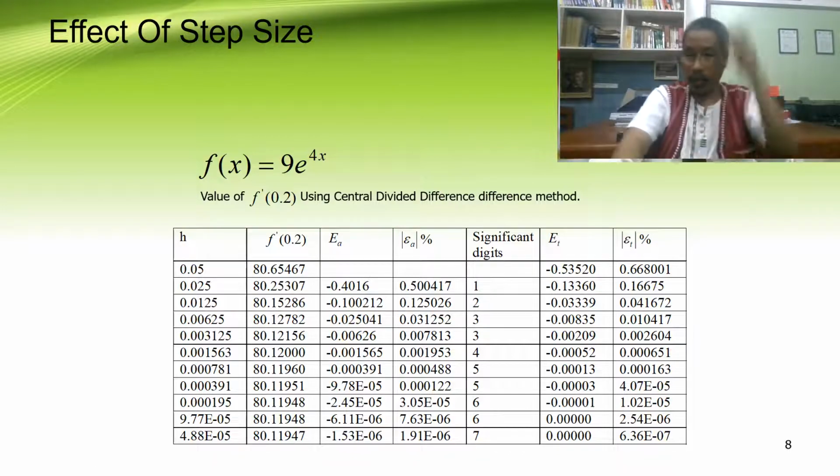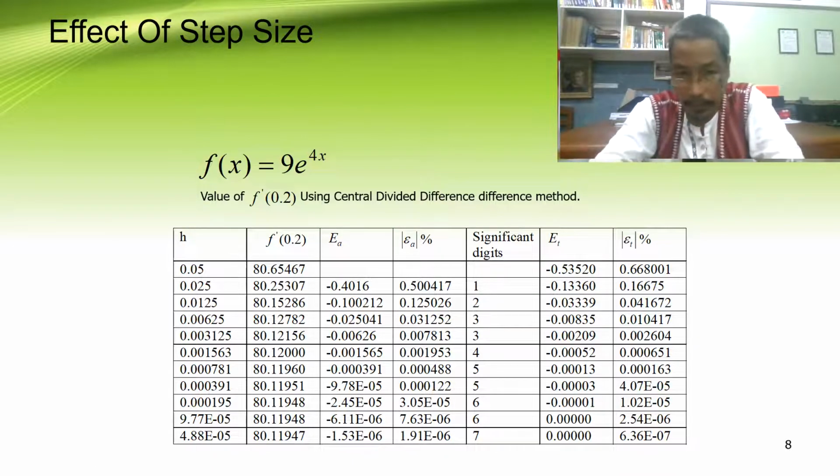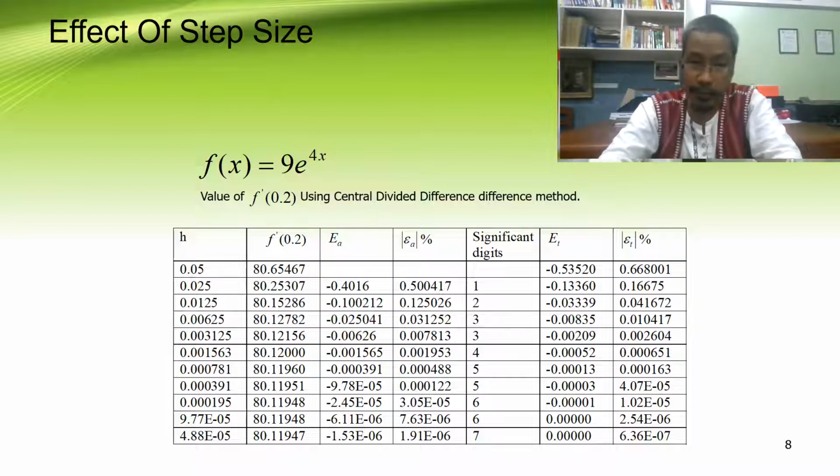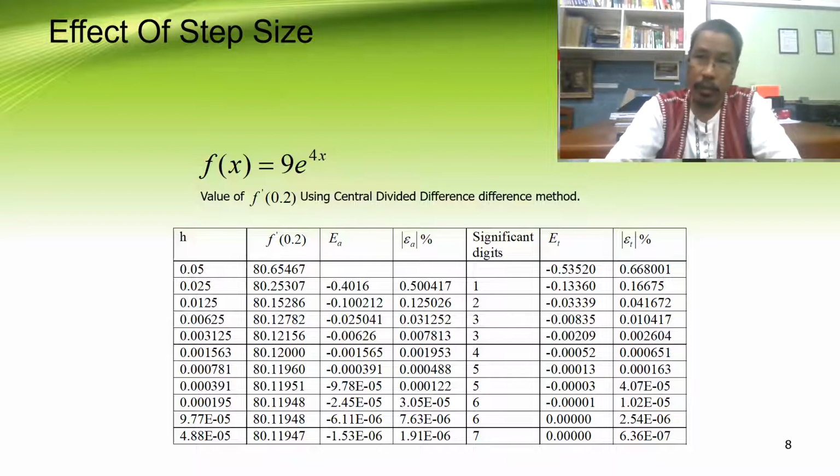In solving for significant digits, we will use the absolute relative approximate error. We set a criterion, epsilon s, equal to 0.5 times 10 raised to the exponent 2 minus m, where m is the significant digit.